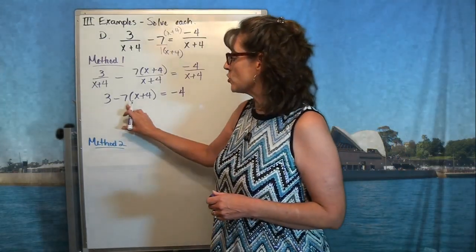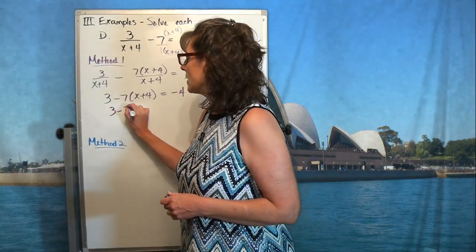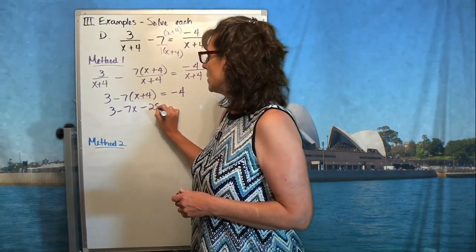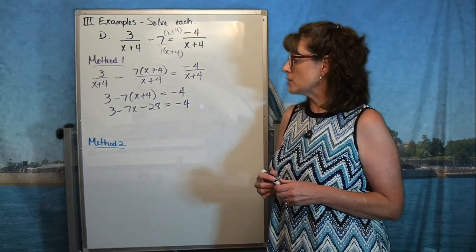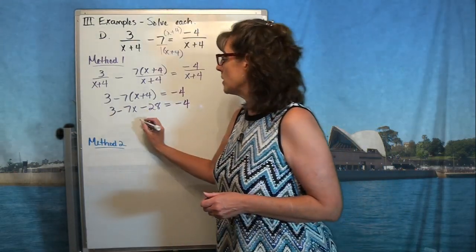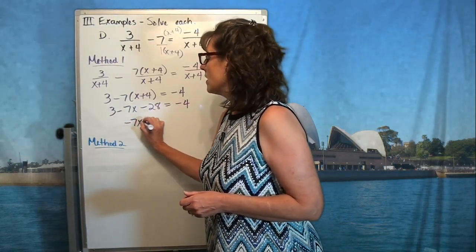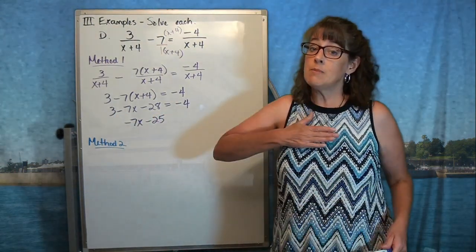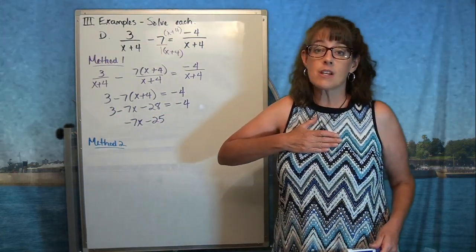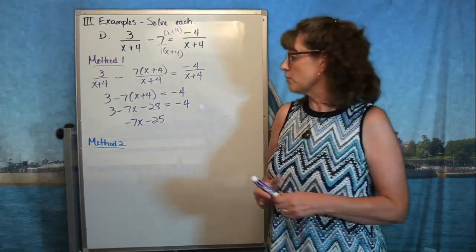I know that I'm going to distribute my negative 7 through, giving me negative 7x minus 28. And now I know I need to combine up my like terms. And so I know that 3 minus 28 is a negative 25. Notice that what I'm doing here is I'm keeping the sign in front of that 7x. Name tag. Sign in front's a sign that goes. You keep that name tag on the front.